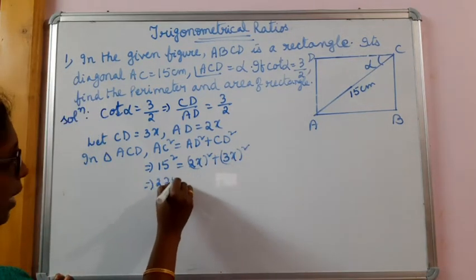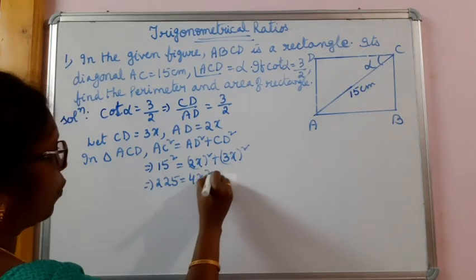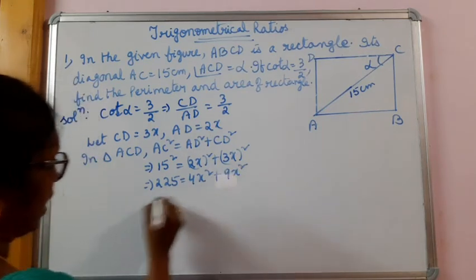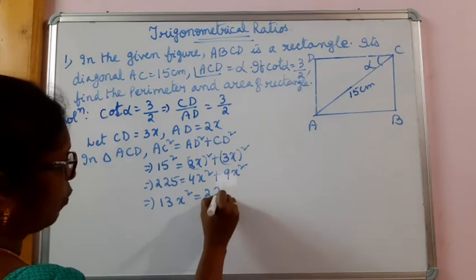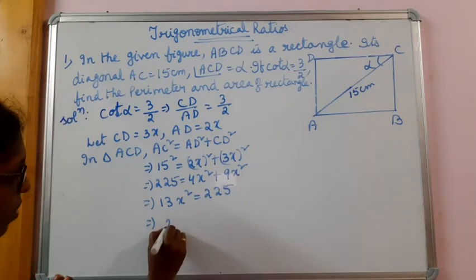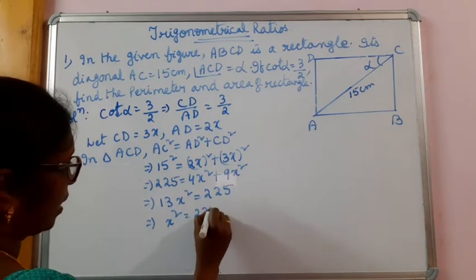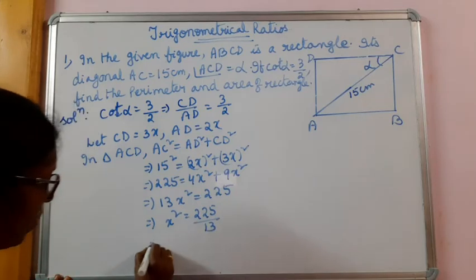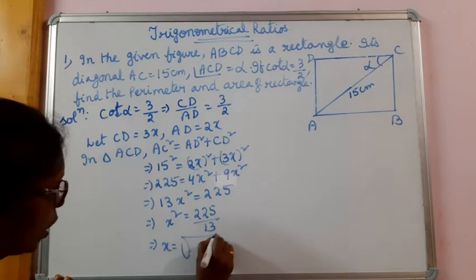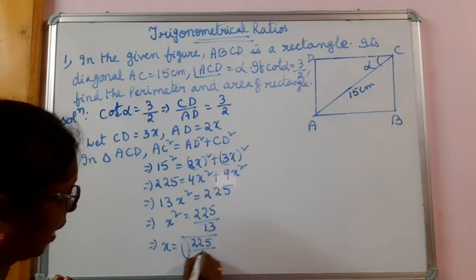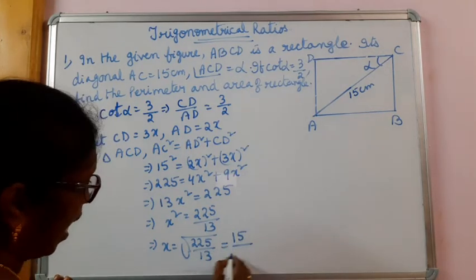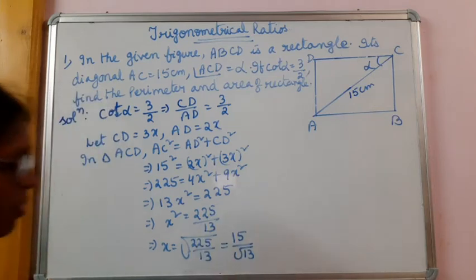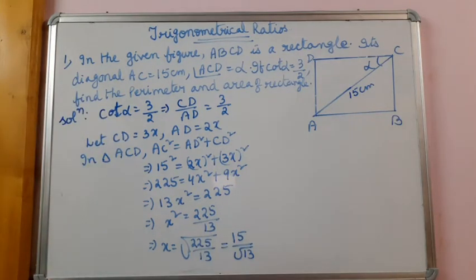So 225 is equal to 4x square plus 9x square. 4 plus 9, 13x square is equal to 225, or x square equals 225 by 13. So x is equal to square root of 225 by 13. Square root of 225 is 15 and root 13 we cannot do. So the value of x is 15 by root 13.